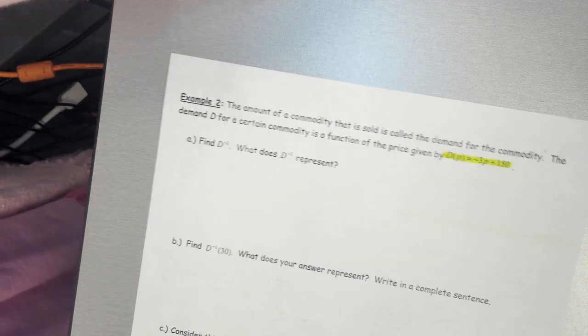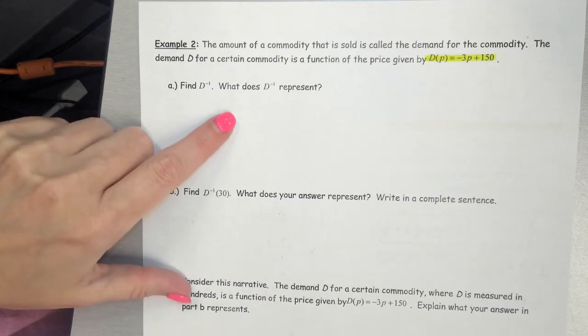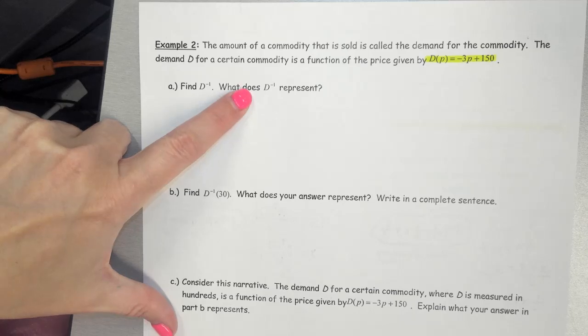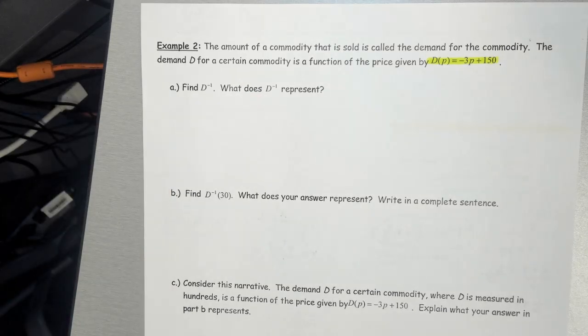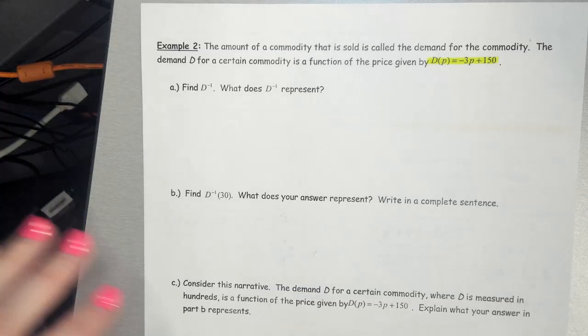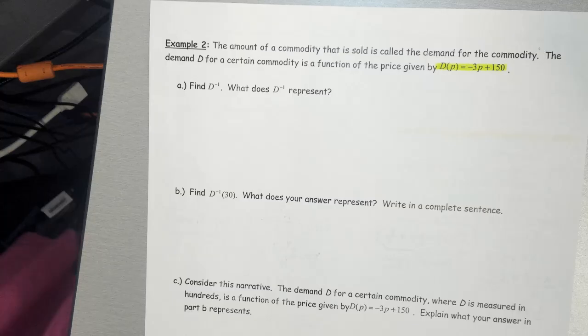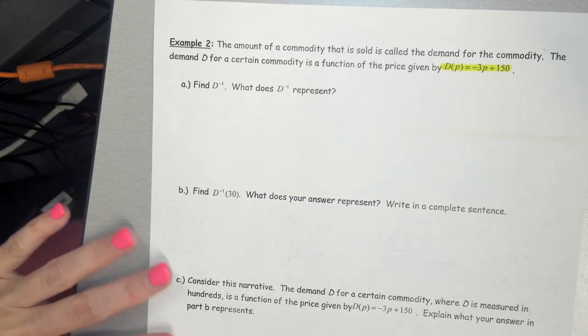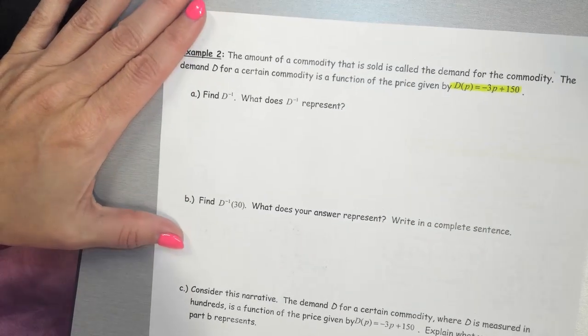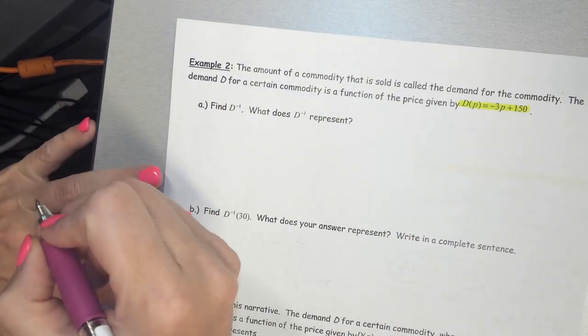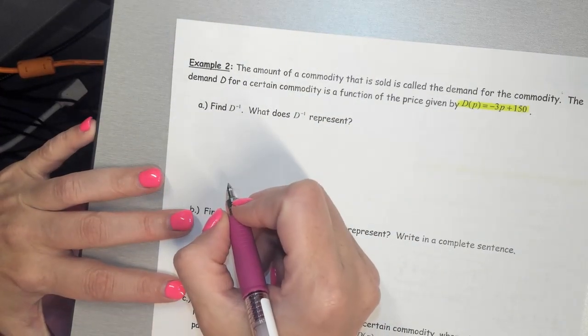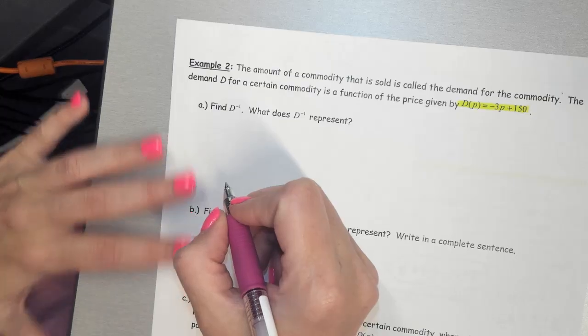Okay, so one thing that's really helpful when you are doing these where you have to say what the inverse represents is finding what your input and your output are going to be. When you're finding the inverse for a real life problem, you are not switching the variables, okay, because they are tied to a specific unit.